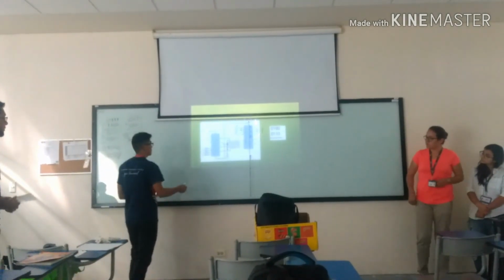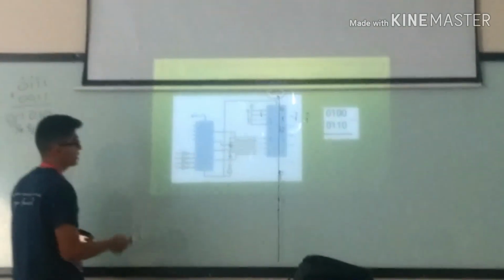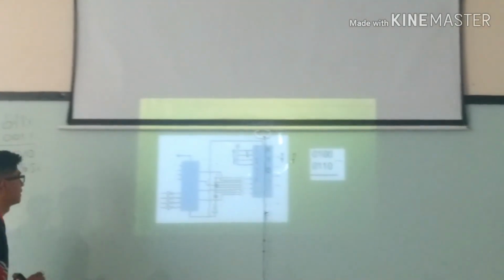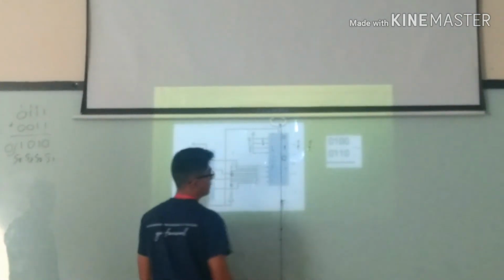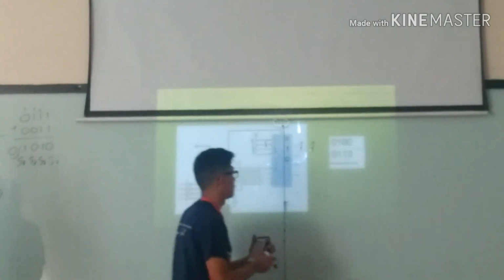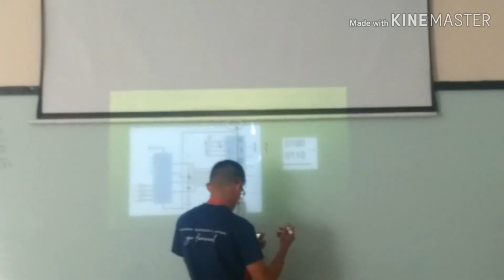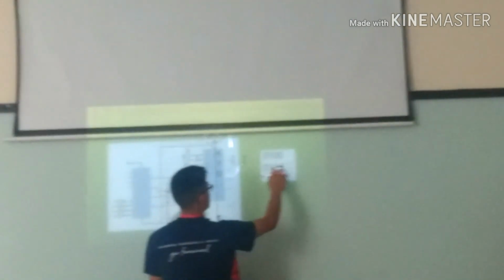As my partner said, we have others, 74LS83. We have two, this and this. To realize it, we have an operation that is a subtraction. If we have this operation, we need to realize it by a complementary to this.